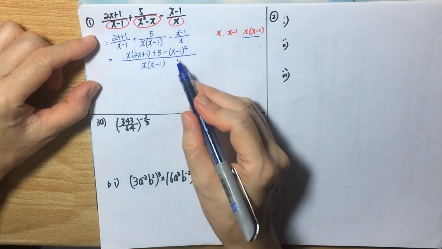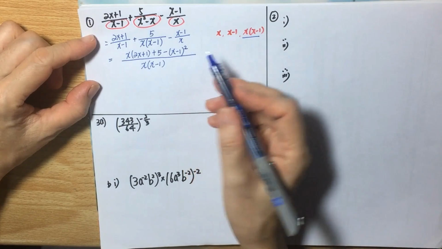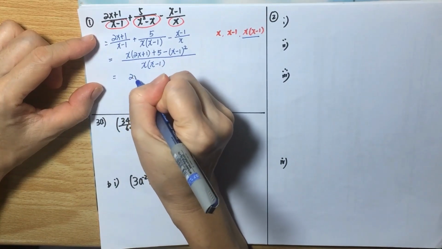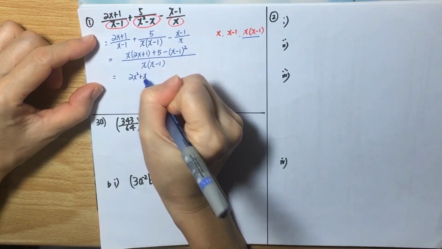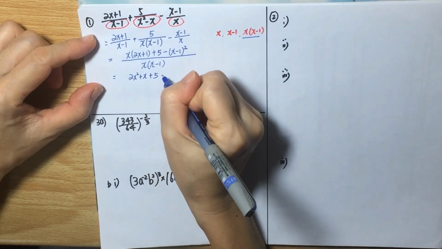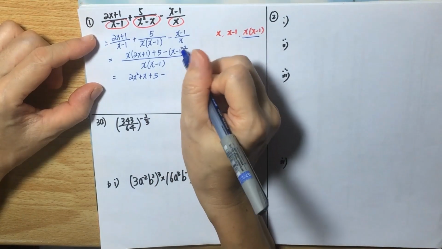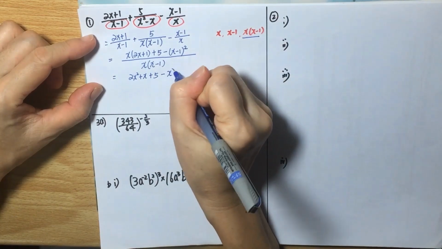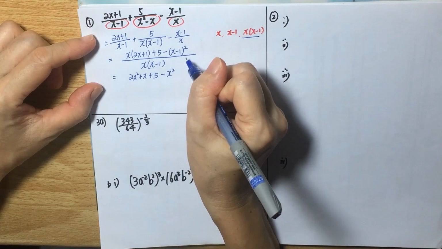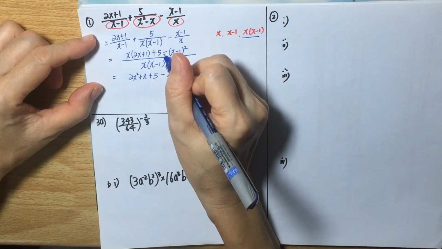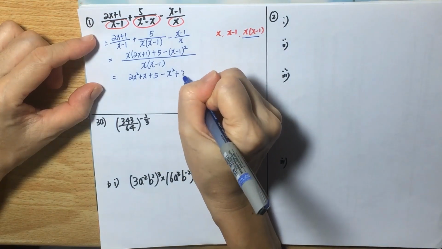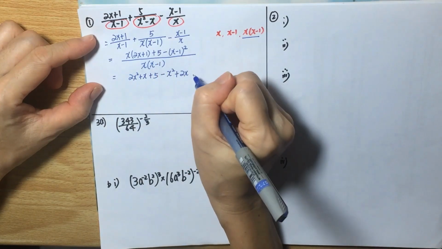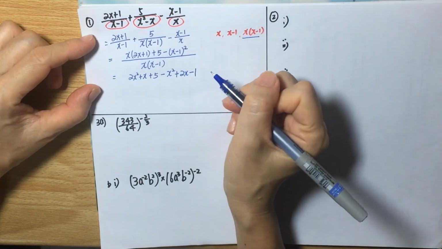So now we have this x minus 1 squared, multiplied in, 2x squared plus x plus 5, minus away the expansion of this, which is x squared minus 2x, so negative and negative becomes a positive 2x, and then plus x with the negative in front, so it's minus 1.